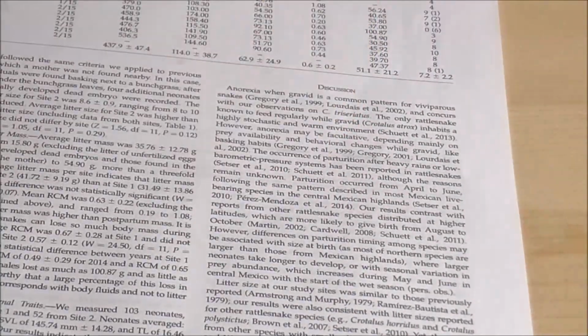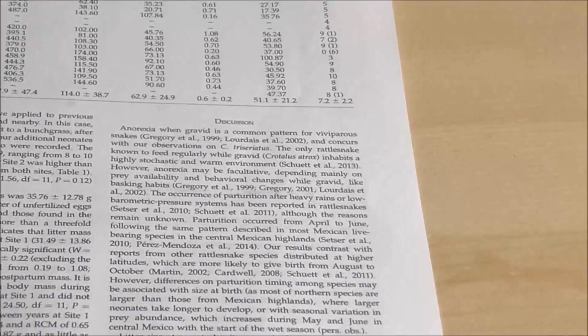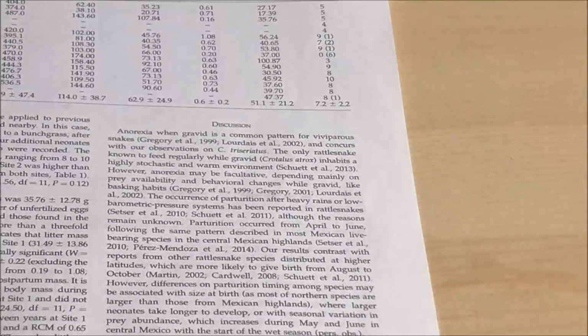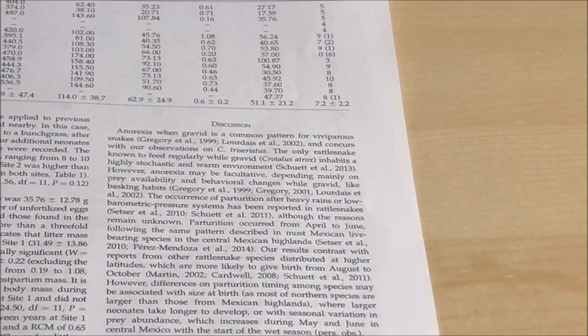Here we are. And so up here you can see the discussion section. So, therefore, a primary paper has an abstract, an introduction, materials and methods, results, and discussion.